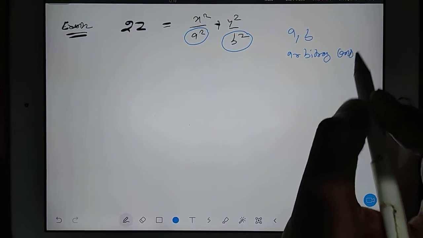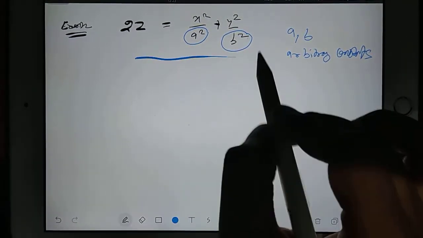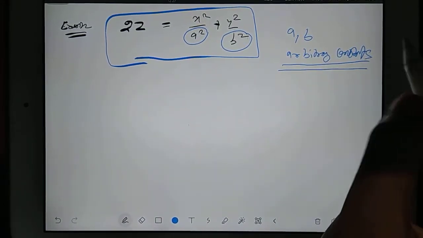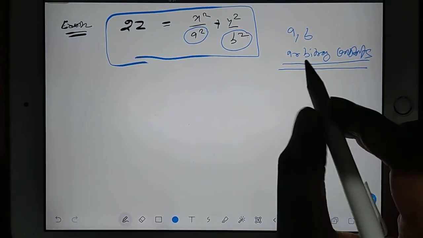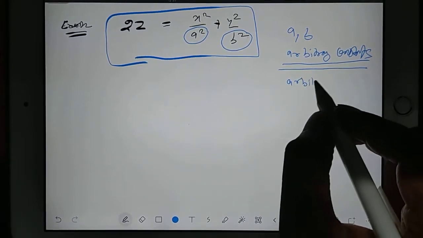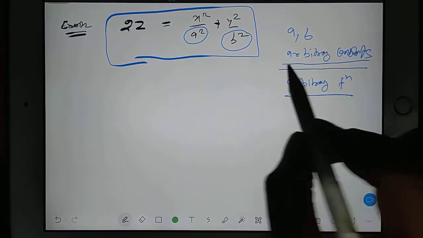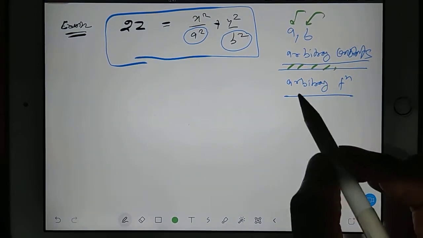In any equation you can have two things: one is arbitrary constants, and you can also have arbitrary functions. Arbitrary constant is one thing that looks like a and b, and then you'll have arbitrary functions.